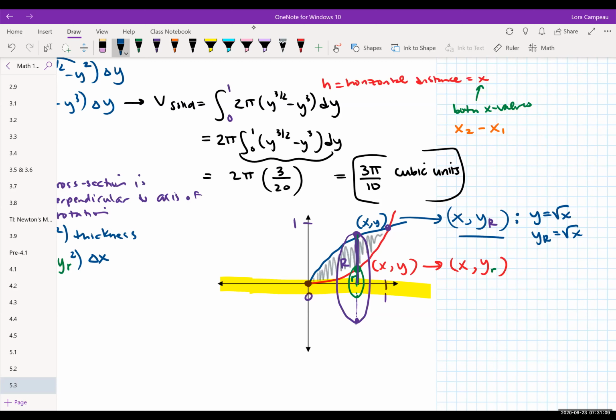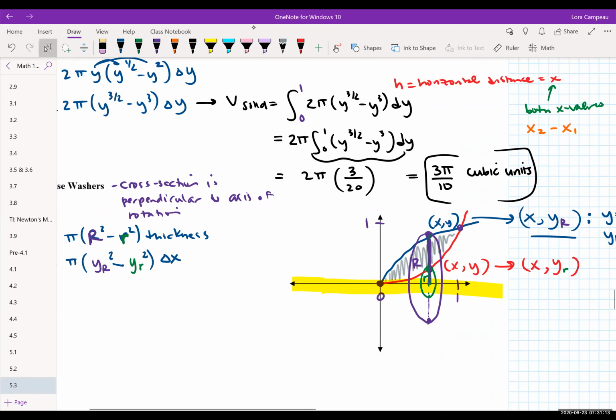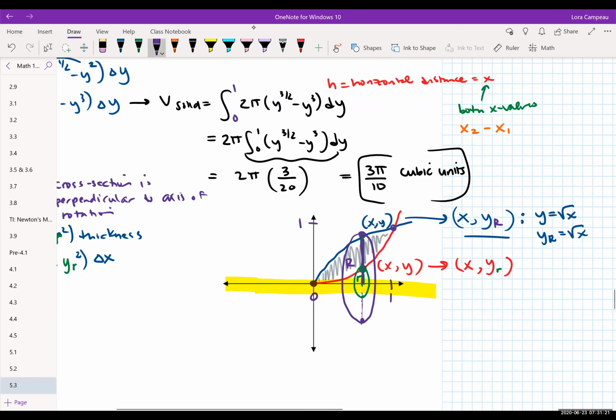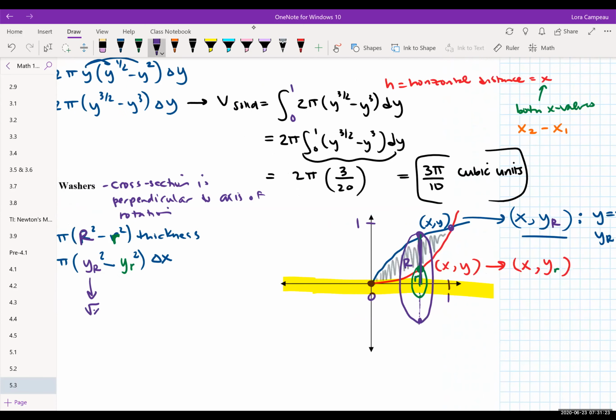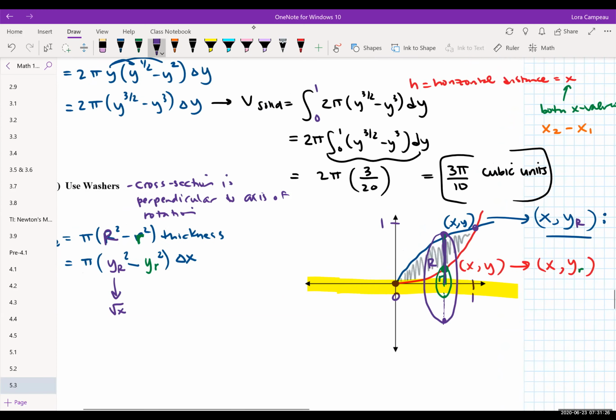Because we're trying to write it in terms of x, instead of y sub capital R, we're going to have a square root of x. And just so that we don't get too crazy, sometimes it's helpful to rewrite everything you haven't used.